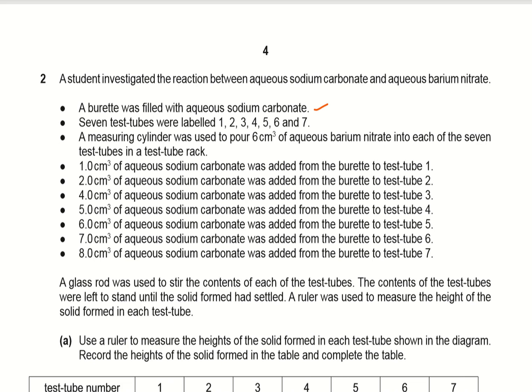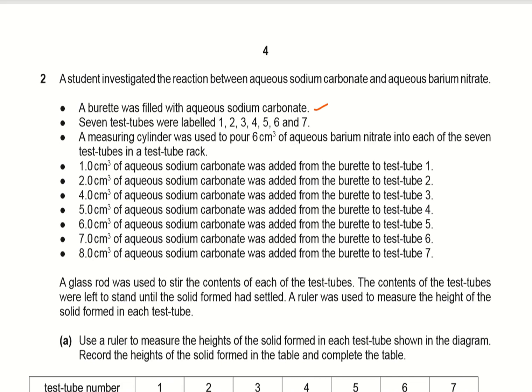So now 1 cm cube of aqueous sodium carbonate was added from the burette into the test tube. So basically you have 7 test tubes containing sodium carbonate, but the amount of sodium carbonate put into each of the test tubes differs.